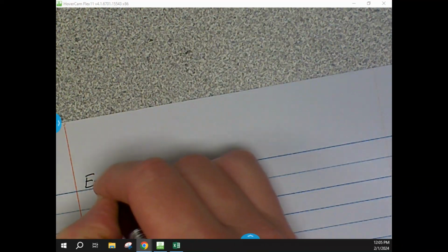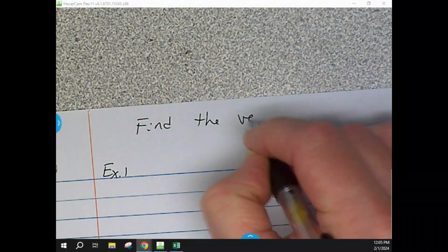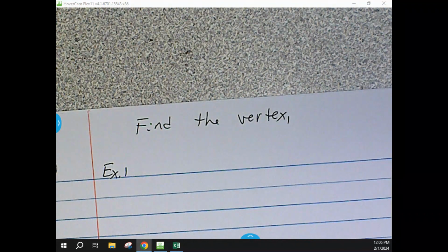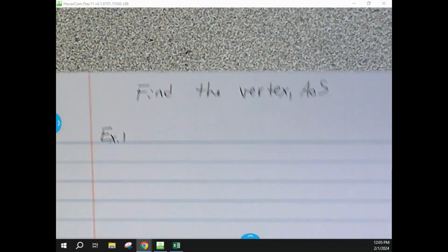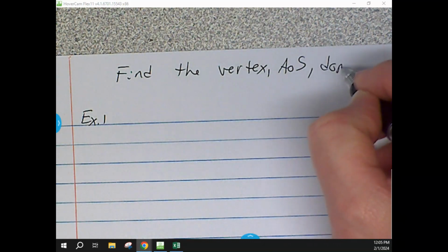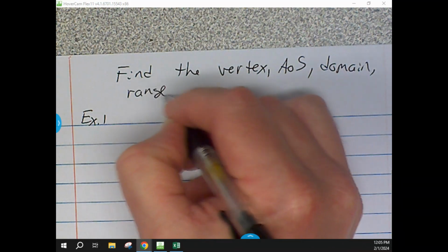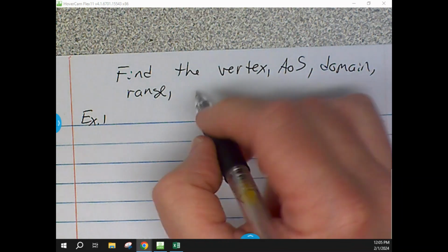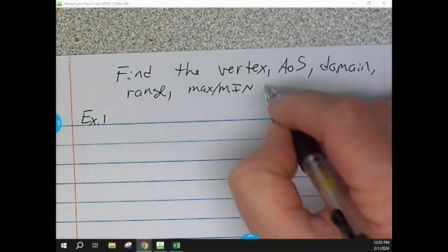Okay, so on all 3 of these, here's our directions we're going to put at the top of here. We're going to find the vertex. We're going to find the axis of symmetry. Again, we're just going to say AOS for short, so we don't have to write it out. We're going to find the domain. We're going to find the range, the max or the min, and then the value.